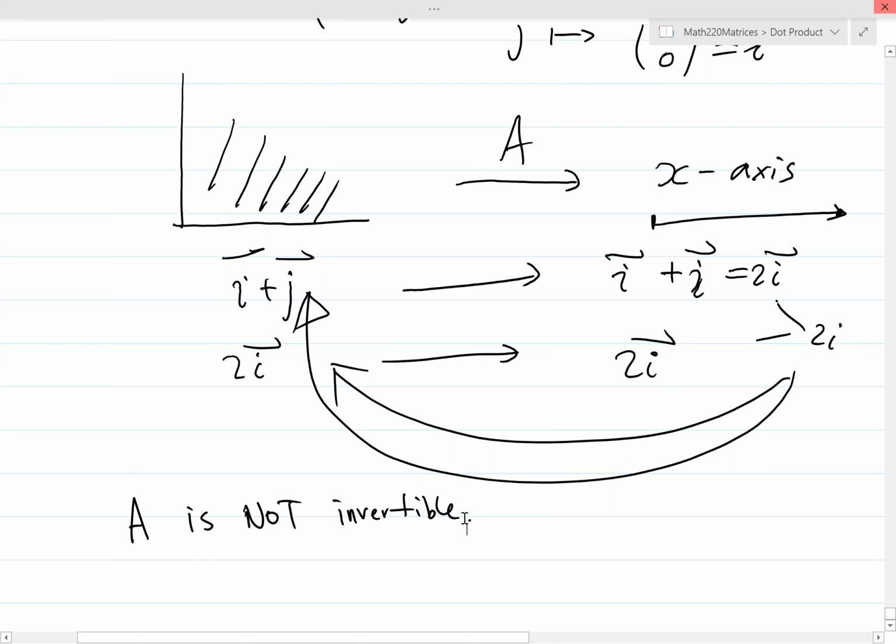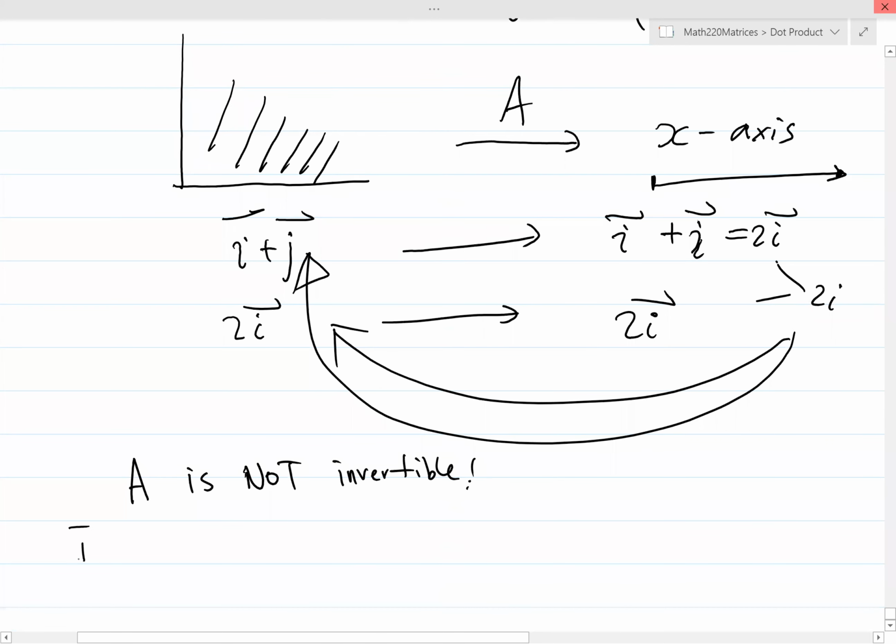Not invertible. The idea is to find the inverse, to define the inverse. The target, or the image, should have the same dimension, should not collapse.